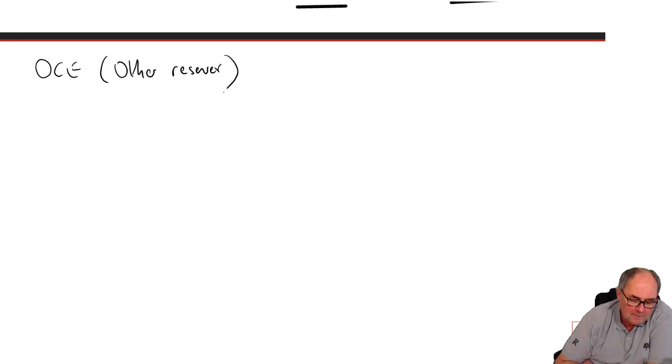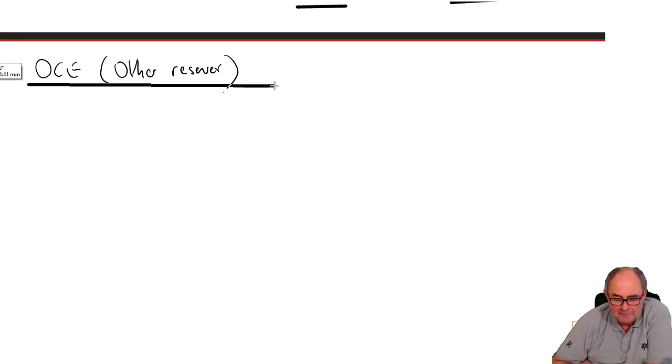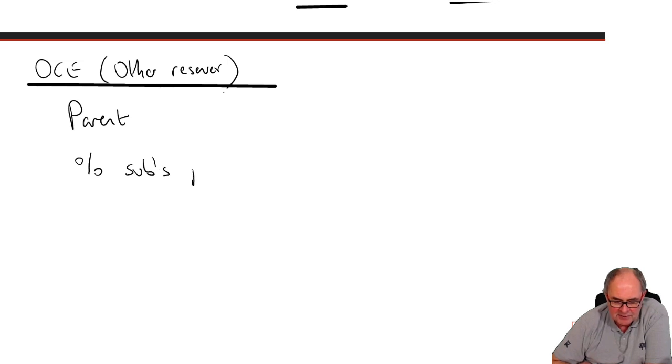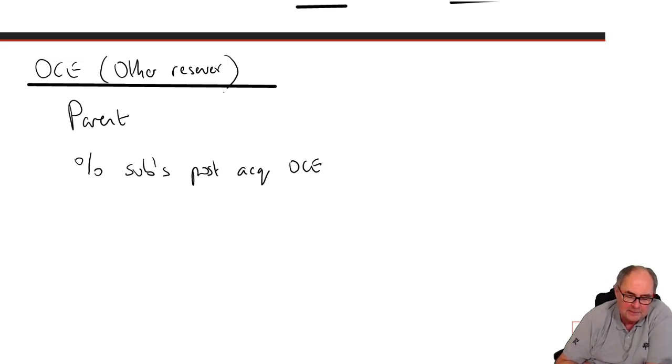The pro forma will be exactly the same as the pro forma for retained earnings. It's the parent's cumulative other reserves, all of them, plus the share of the sub's post-acquisition other components of equity.